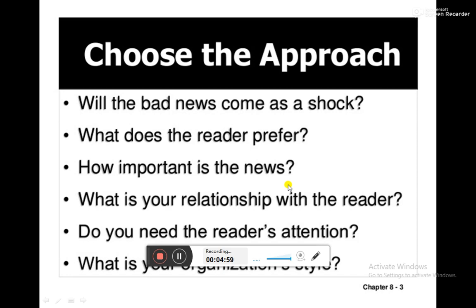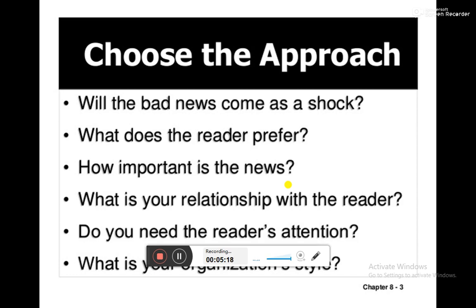If we look at choosing the approach, to help decide which approach to take in a particular situation, you have to ask the following questions. Do you need to get the reader's attention immediately?